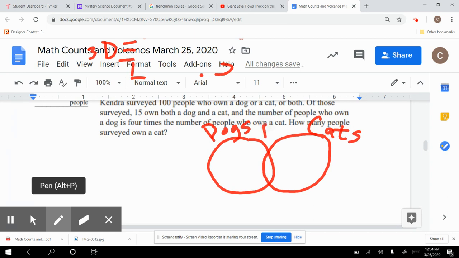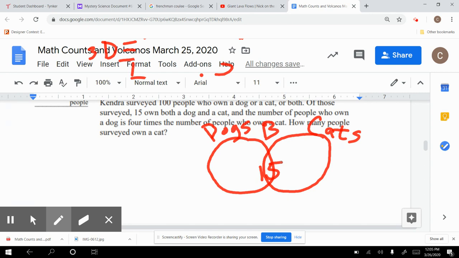And in the middle is going to be both. All right, it says that 15 people, which is the number in the middle, own both. So we have 85 people left between owning either a dog or a cat. And we know that the dog owners is 4 times more than the cats.